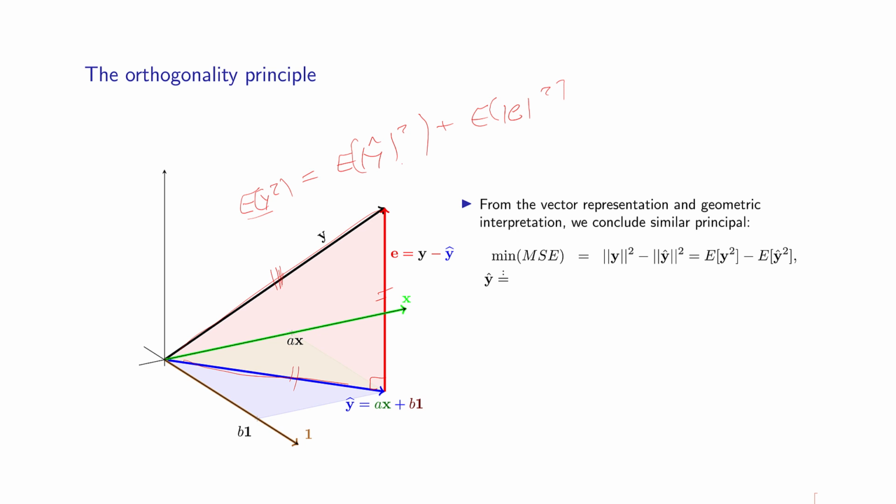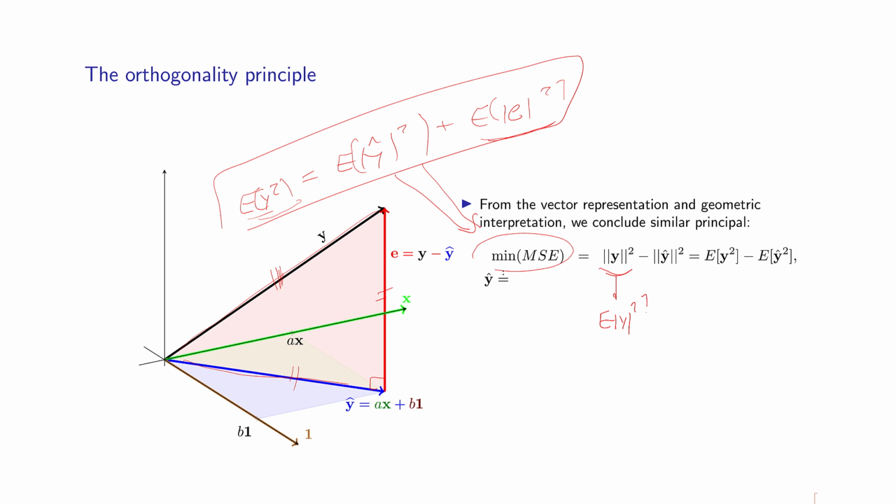This is only true when your estimator is optimized. So from here you can calculate the energy of the error as the difference between these two, and the minimum attainable error is the difference between the mean of y squared, which is like a norm, and the mean of y hat squared.